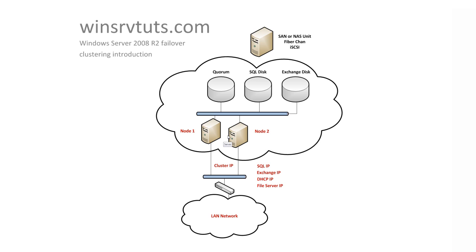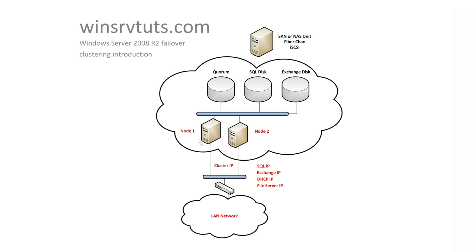Even in something like a VMware high availability solution, if a physical box goes down, VMware will migrate the virtual machines to a different node, but the box has to reboot. So this is even better than something like VMware. So very, very powerful clustering options on the part of Microsoft.